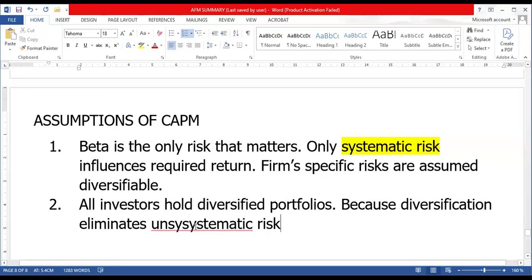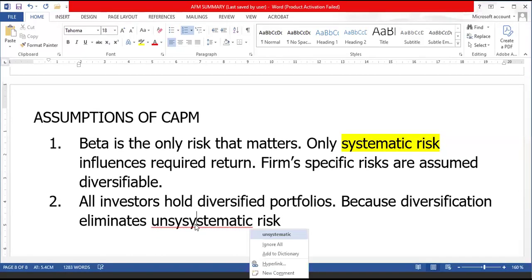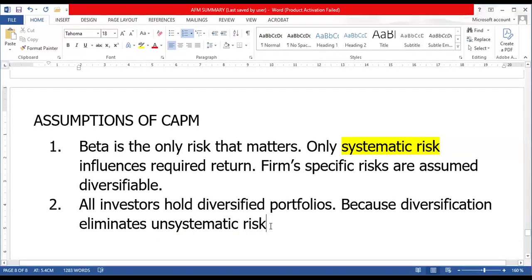That's about this model. It assumes that these investors already hold the market portfolio.